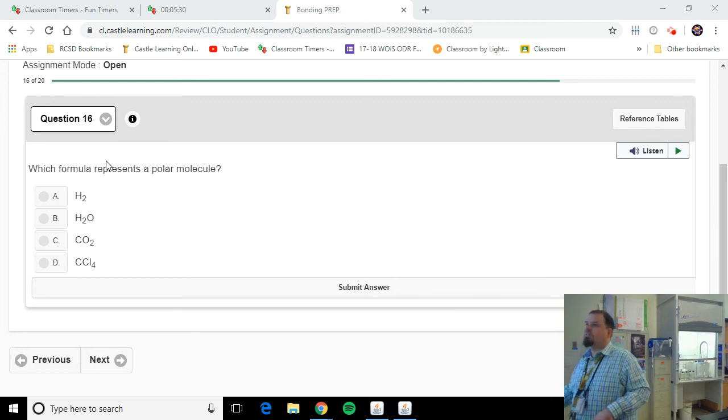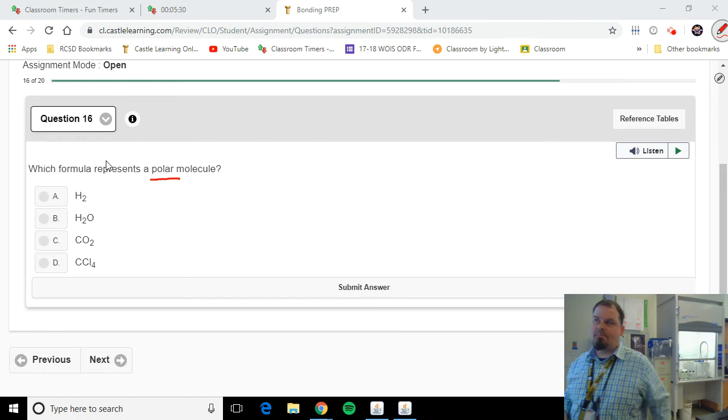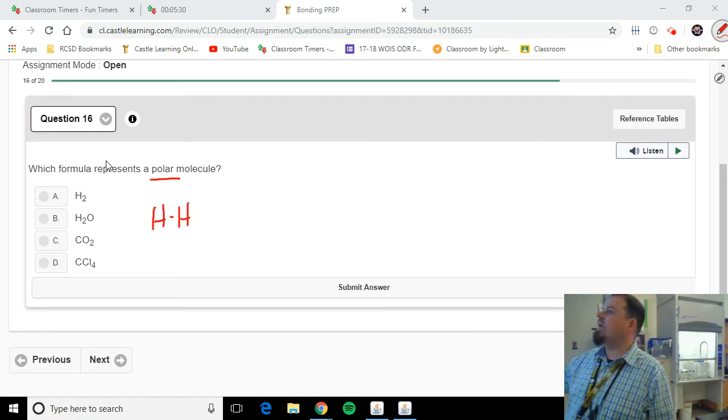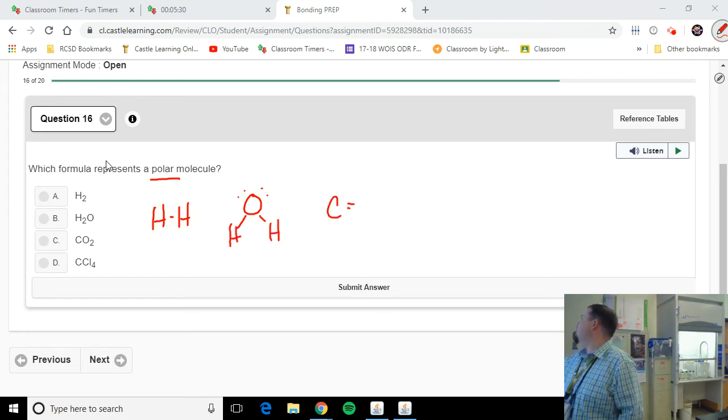Which formula represents a polar molecule? Polar molecule means it's not symmetrical. If you have to, you need to draw these. So there's H2, here's H2O, CO2. When you draw these enough, you can do these fast. CCl4.